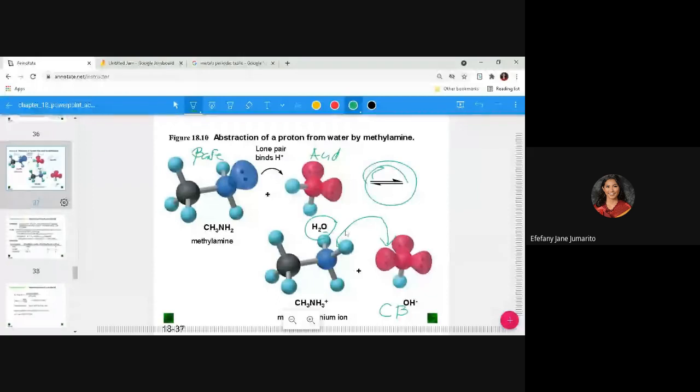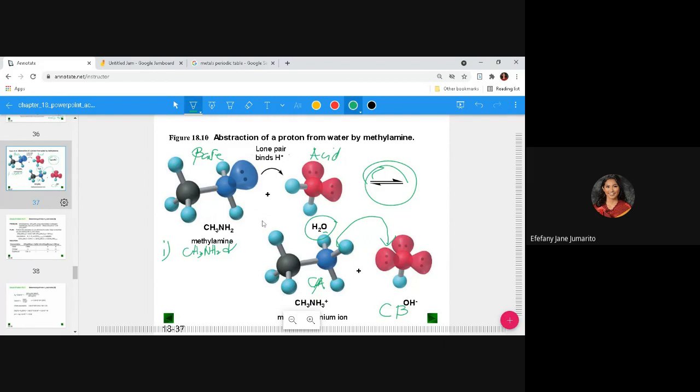The conjugate acid is CH3NH3 plus. Now, what is the conjugate acid-base pair? CH3NH2 and CH3NH3 plus, and H2O and OH minus.